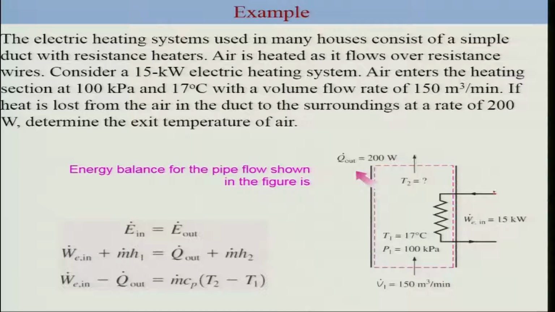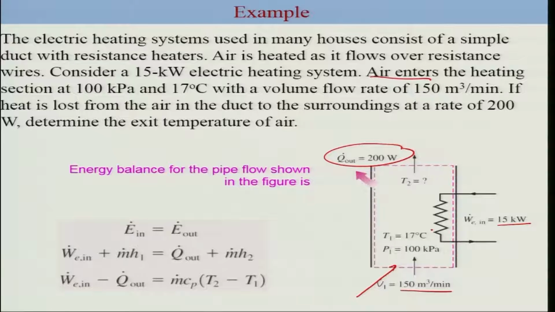Electrical work of power 15 kilowatt is supplied to this flowing fluid, and this is air which enters here at 17 degrees Celsius with a volume rate of 150 meter cube per minute, and there is a heat loss of 200 watt. What we need to find is the exit temperature of the air.